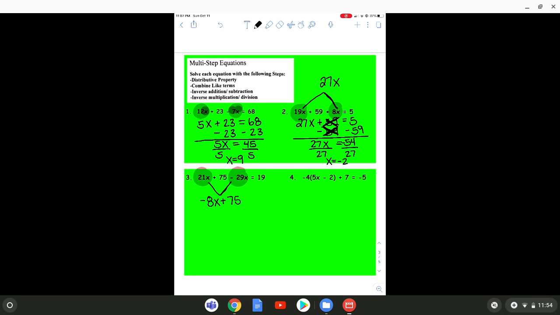is equal to 19. So just like we normally solve a two-step equation, I'm going to undo that addition using subtraction as my first step. And I'm going to subtract 75 from both sides so that my equation is balanced. My 75s cancel out, and I am left with negative 8x is equal to negative 56.